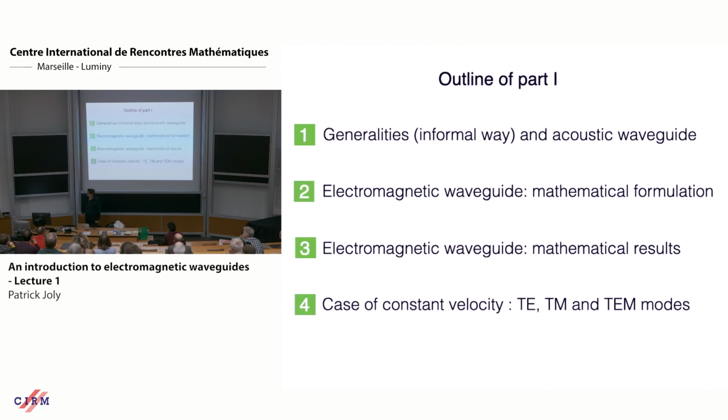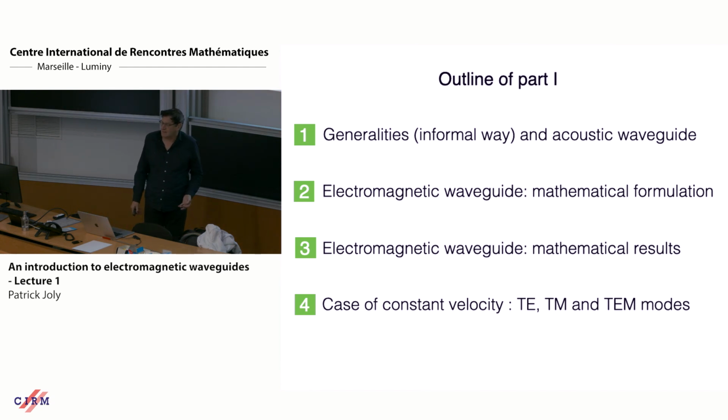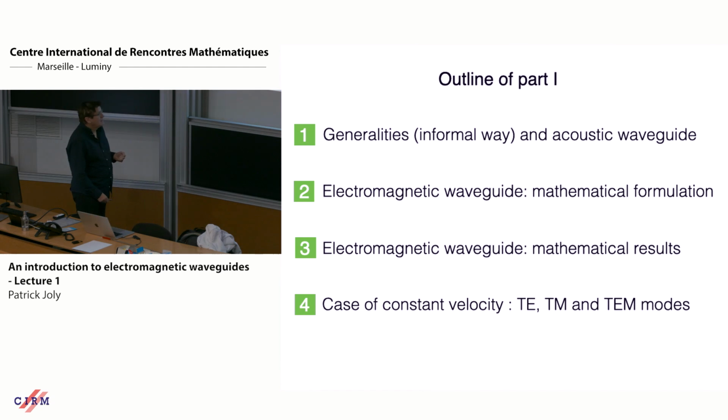So the outline of the third part will be the following. In a rather informal way, I will give some generalities about waveguides, with a small zoom on the acoustic case to prepare the transition to electromagnetic waveguides, for which I will first give the mathematical formulations, the equations, and then in a second step, some relevant mathematical results.